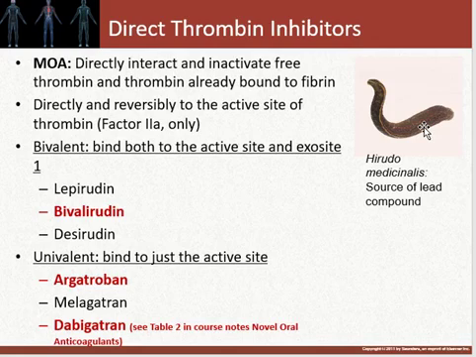In terms of those bivalent drugs, the only really good reason is to further subdivide them, which includes lepirudin, bivalirudin, and desirudin. And then the univalents are your gatrans: argatroban, dabigatran, and melagatran.